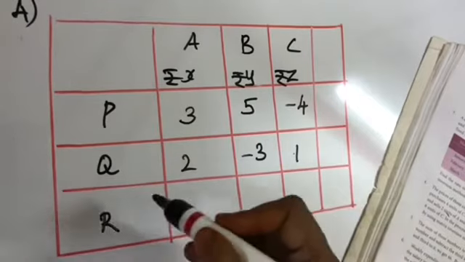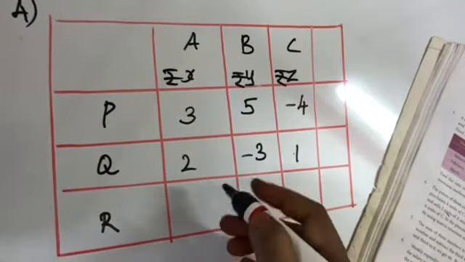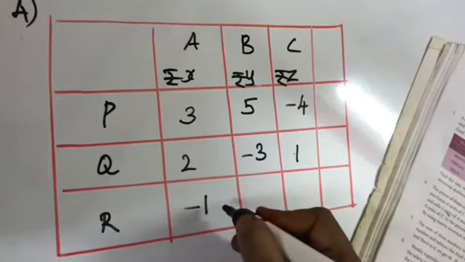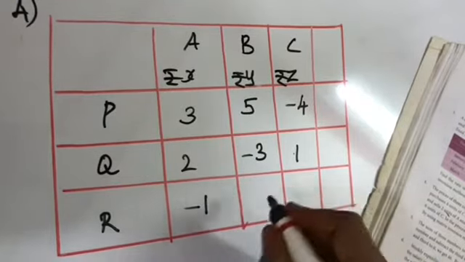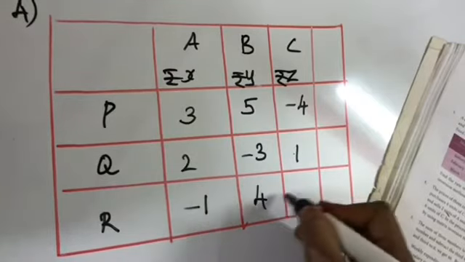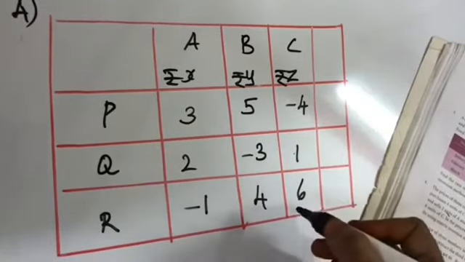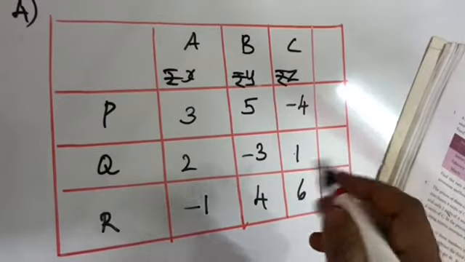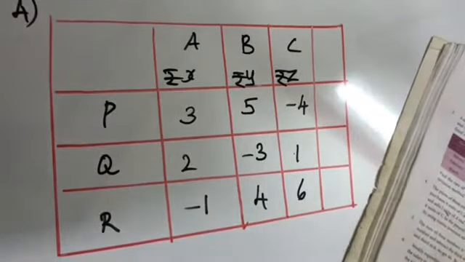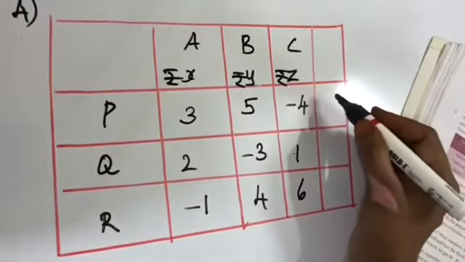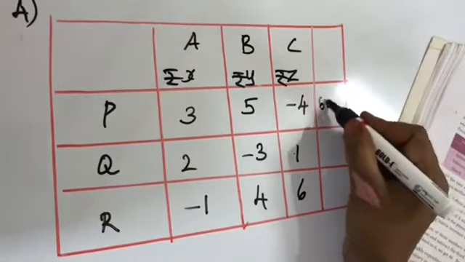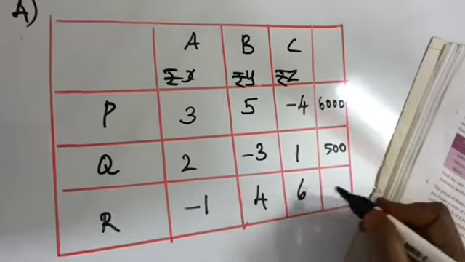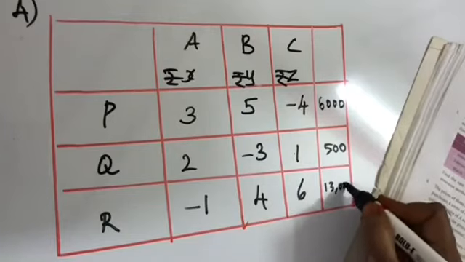Similarly, R purchases 1 unit of A, so it is minus 1, and sells 4 units of B and 6 units of C. The selling values are positive and the purchases are negative. In the process, P earns rupees 6,000, Q earns rupees 5,000 and R earns rupees 13,000.